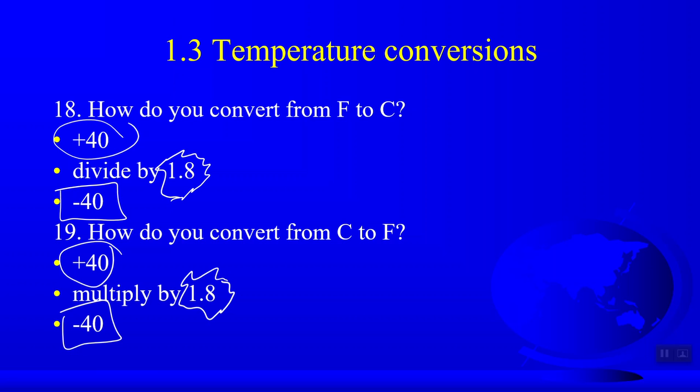Celsius always loses. So we have a track, and the race is between F and Celsius. So here is the starting line. I'm going to put Celsius in the starting line. Let me tell you, F is about 1.8 times faster than Celsius.